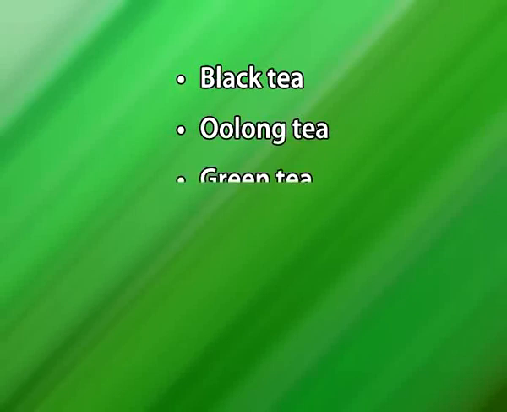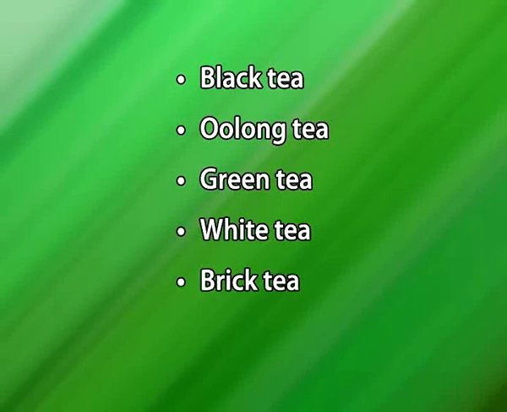Depending upon the procedure followed for processing the tea leaves, tea is classified into 6 basic types. These are black tea, oolong tea, green tea, white tea, brick tea, and leopard tea. Each tea type is characterized by its own taste, health benefits, and the content of caffeine.